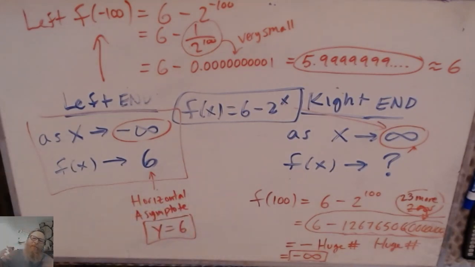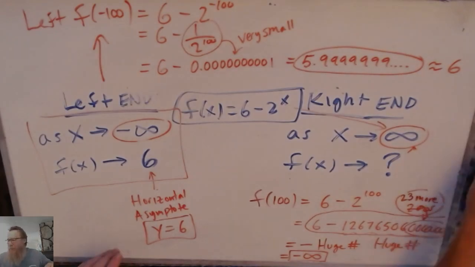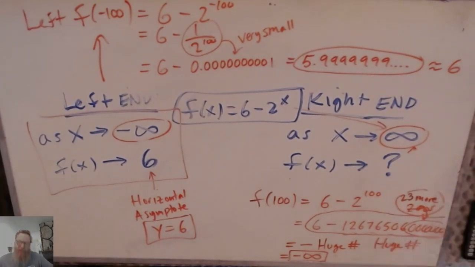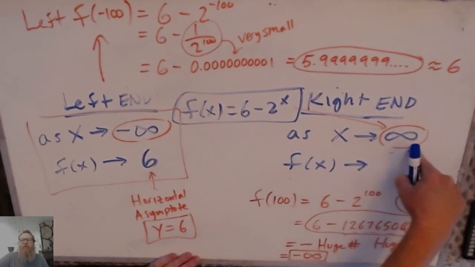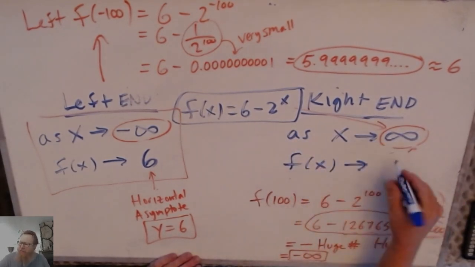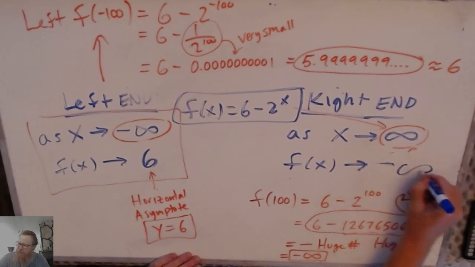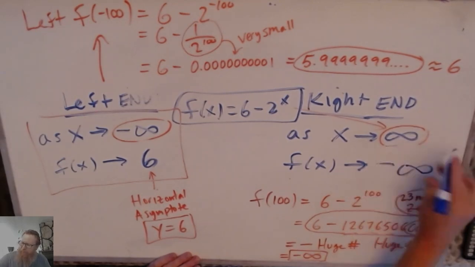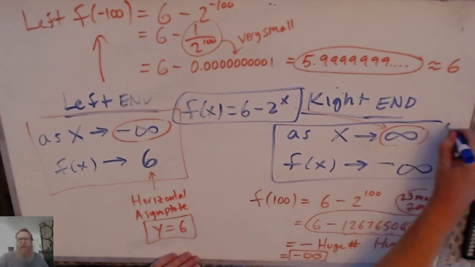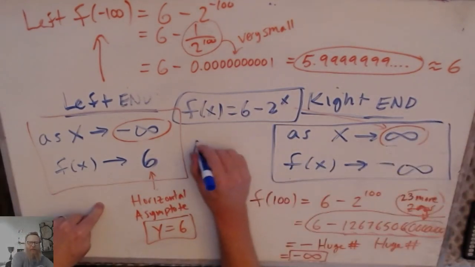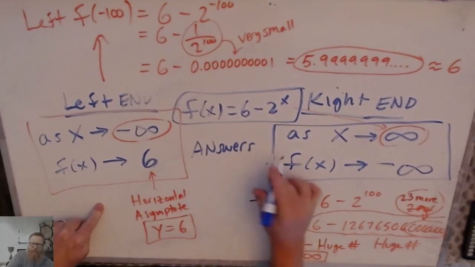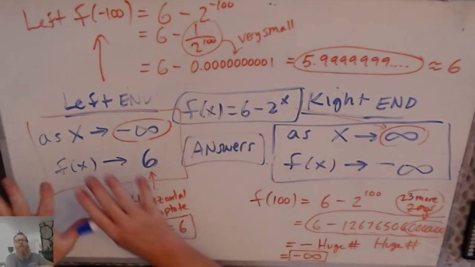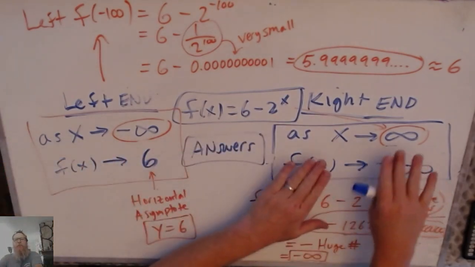But we, average people, think of that as a large negative number. And so you would say, as x goes to infinity, f of x goes to negative infinity. So these are your two answers here. This is the left end behavior, and this is the right end behavior.